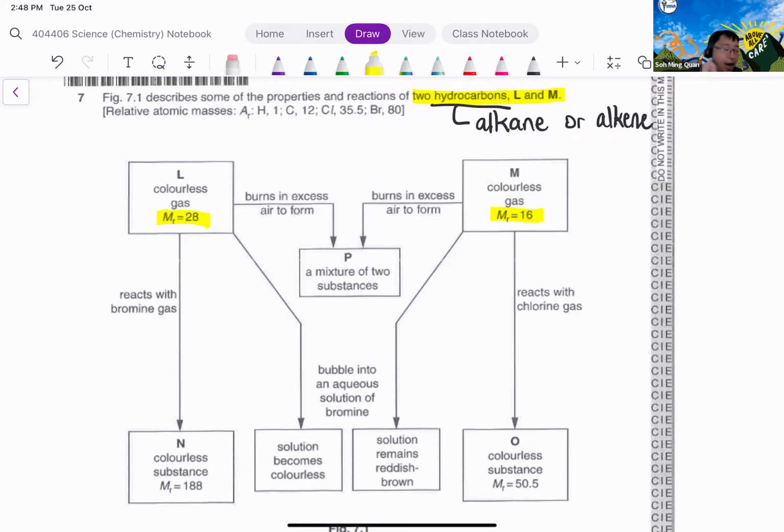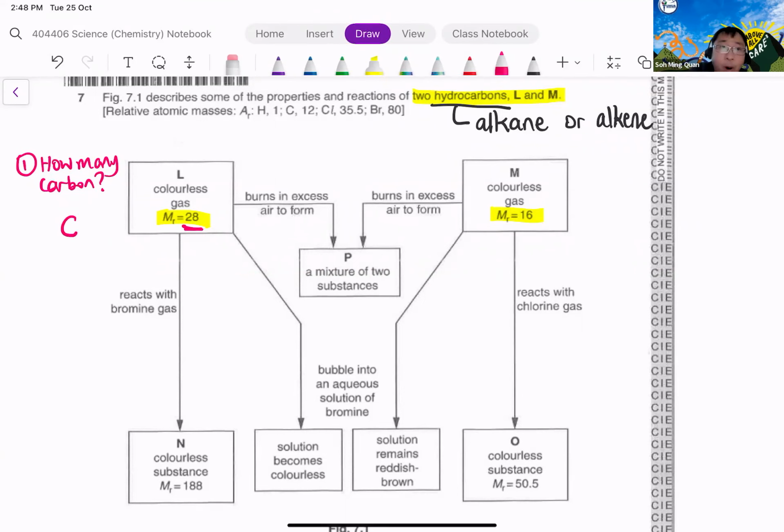Well, first, got to ask yourself, how many carbon do they have? From the MR, you must be able to trial and error and think how many carbons there are. For example, if I tell you 28, each carbon is 12. If the MR is 28, how many carbon do you think it will have?